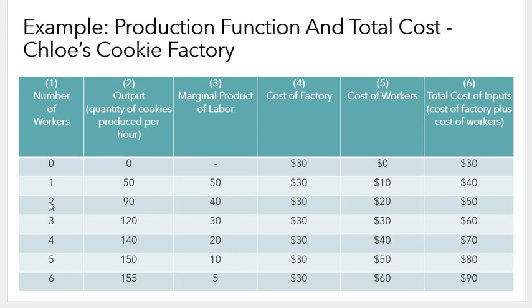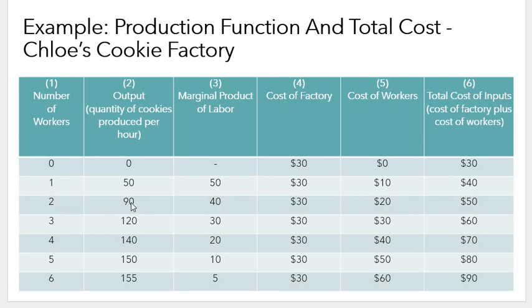Similarly, if we hire one more, now we hire 2 people to work for Chloe's cookie factory, and the output increased from 50 to 90. So the marginal product of labor would be how much additional output this second worker brought to Chloe's cookie factory.